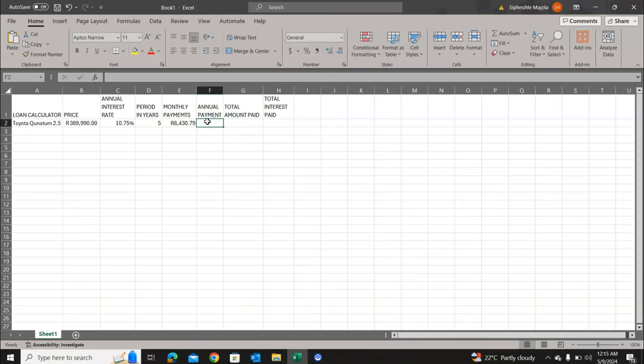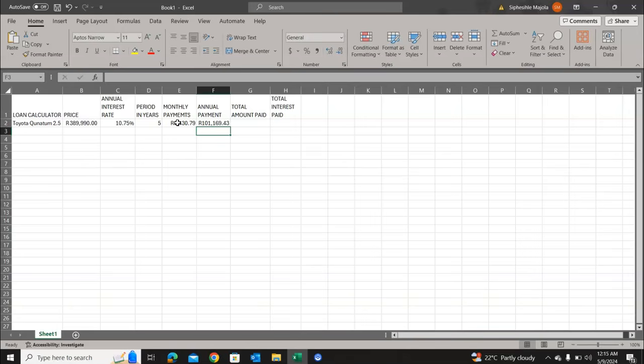Annual payment: in a year we have 12 months. But each month, how much are we paying towards the loan? Each month we are paying 8,430 rand 79 cents, and in a year we have how many months? 12 months. So equal sign, it's monthly payment times 12.